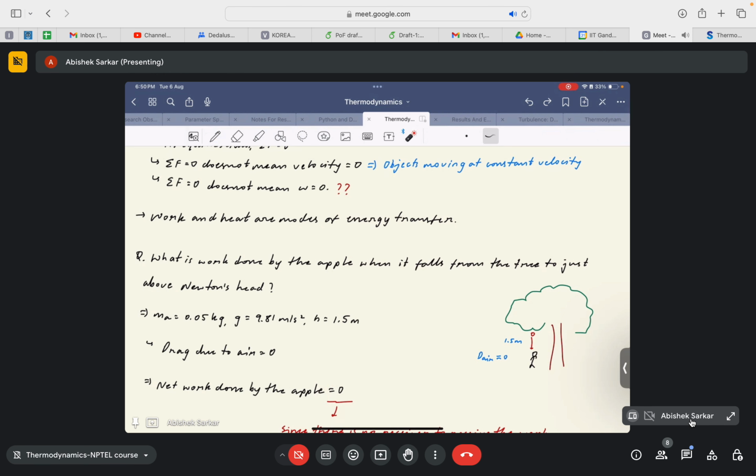After it reaches, it imparts its momentum, and then there is again work interaction. But at the moment the apple is in free fall and there is no air resistance, the work done by the apple in an atmosphere having no drag or air resistance would be 0.